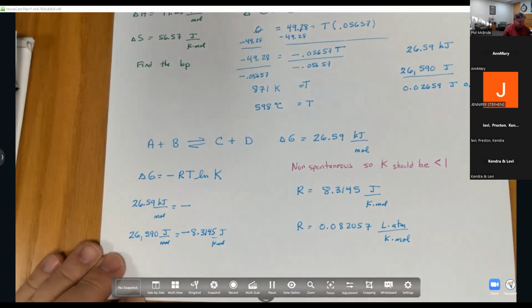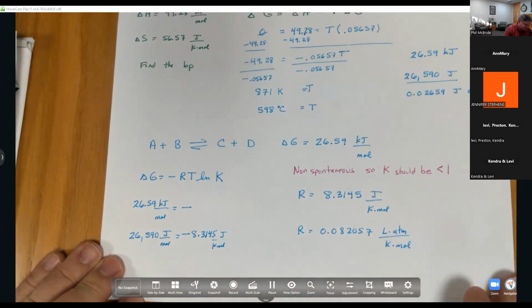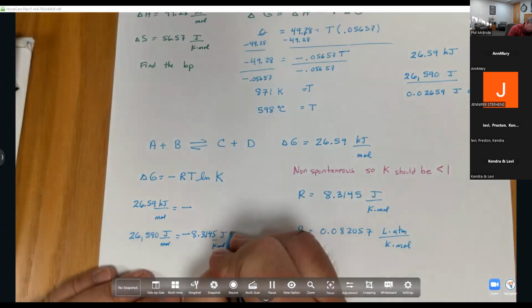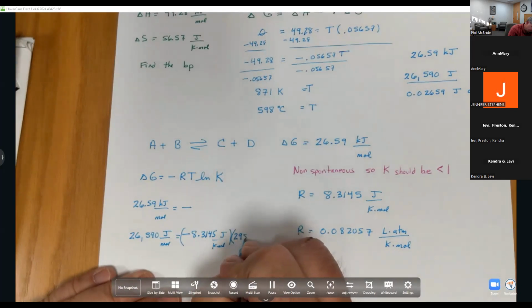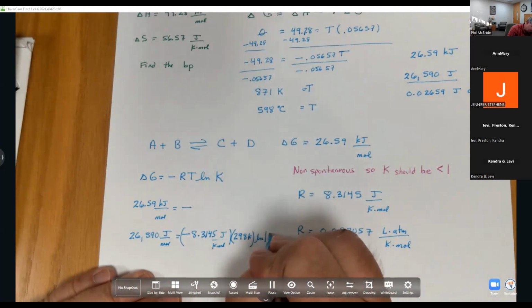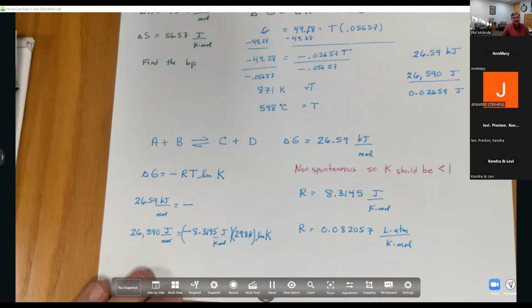They tell us the temperature in this problem; we'll assume 25 degrees Celsius. So what is that in Kelvin? 298, I think. That is correct. So 298 and then natural log of K.